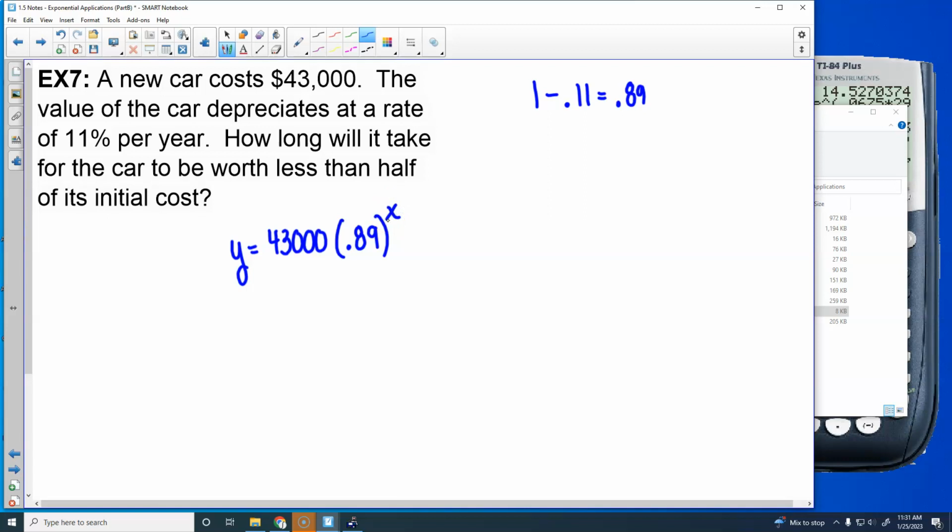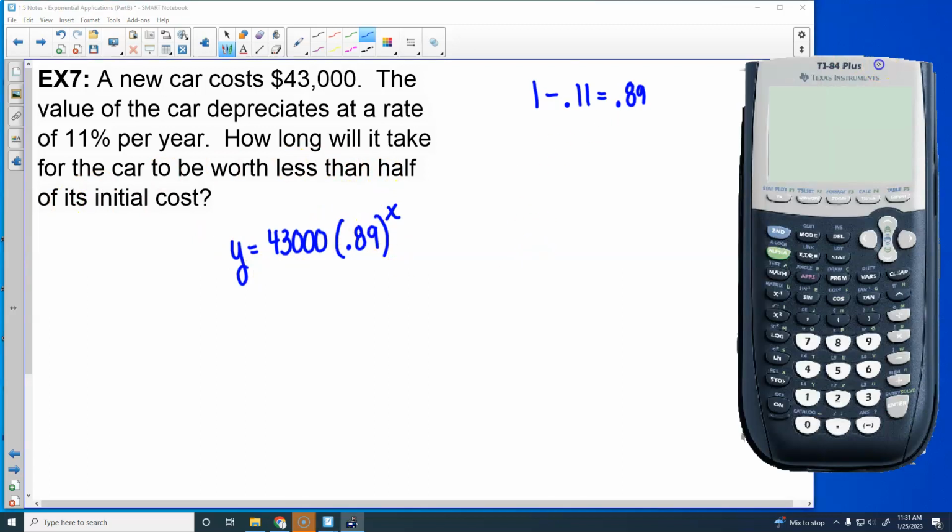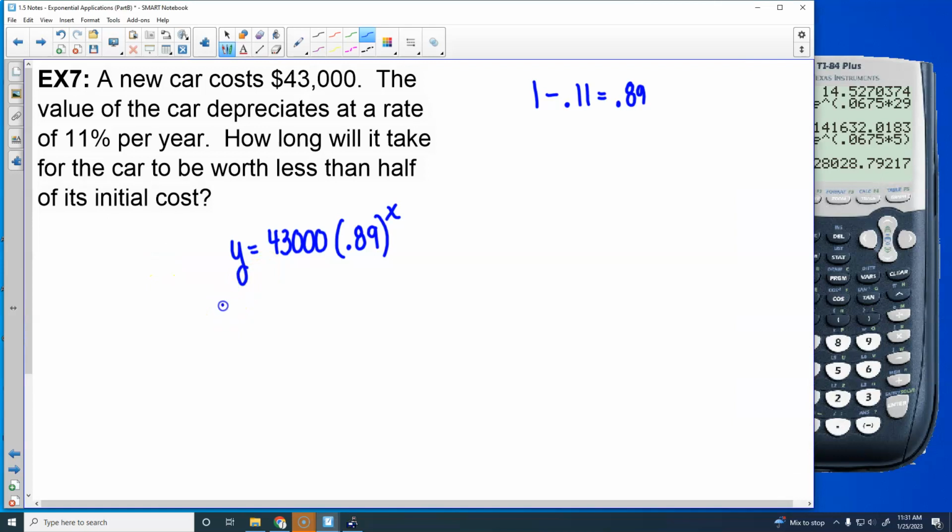Now, this problem, they didn't give us a time, but they did tell us less than half of the initial cost. So we're going to take that half and plug it in over here. Half of 43,000 is 21,500.